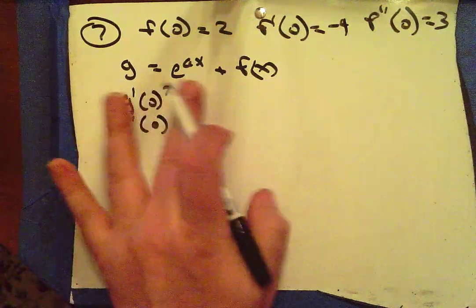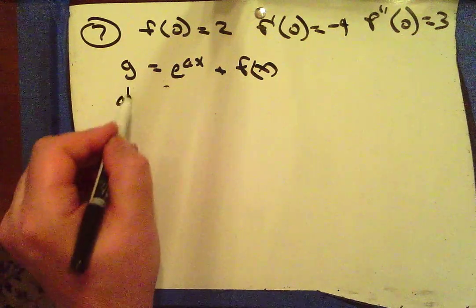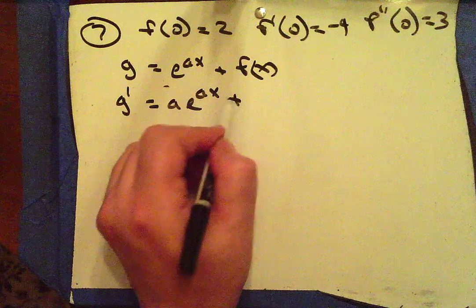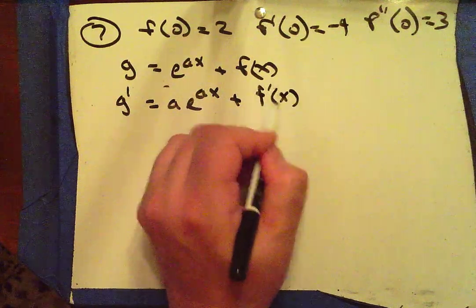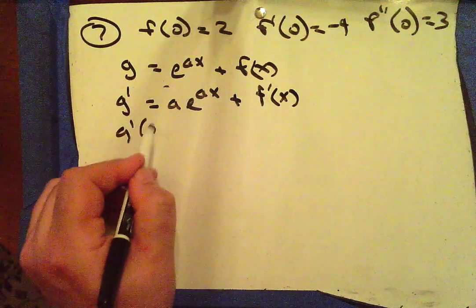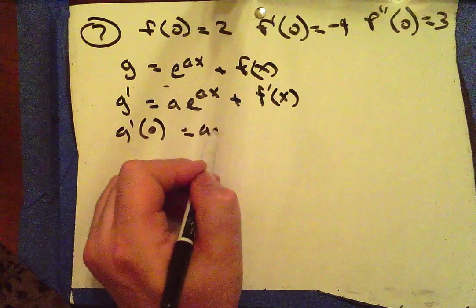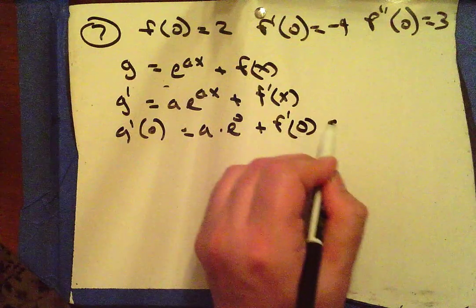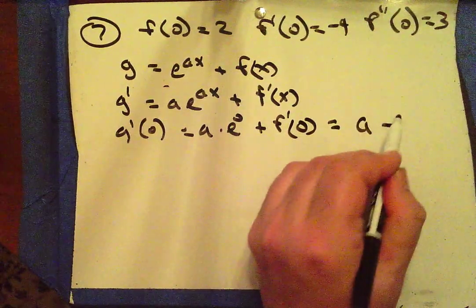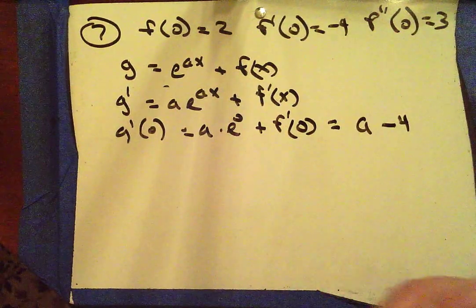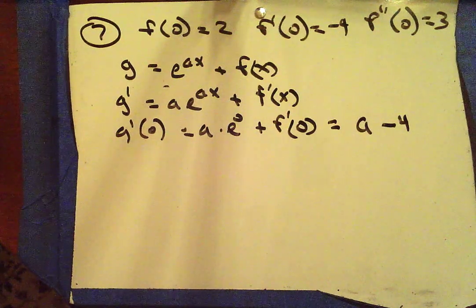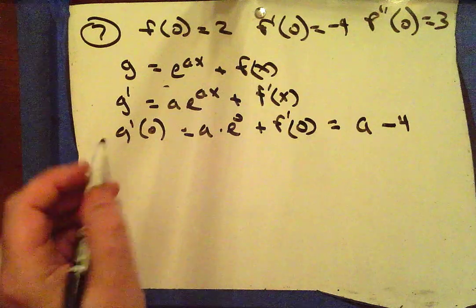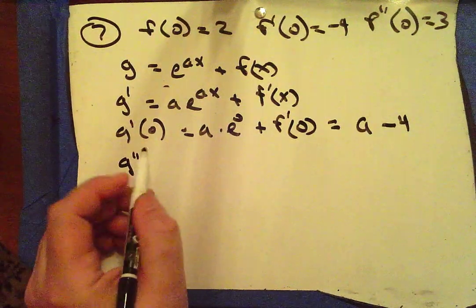Show the work. Okay, so let's first find g prime of x. G prime of x is going to be a e to the ax plus f prime of x. And so g prime of 0 is going to be a times e to the 0 plus f prime of 0, which is a minus 4. I get a minus 4 for my first value. And then what about g double prime?